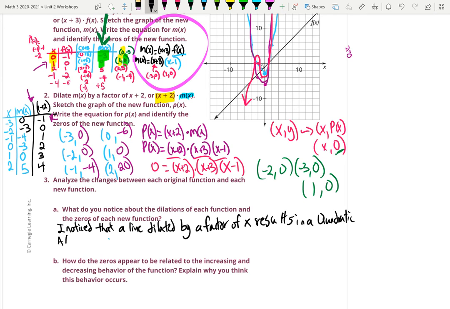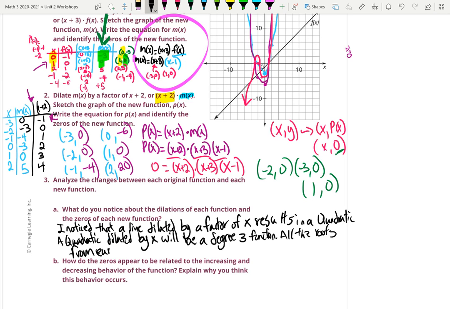Likewise, a quadratic dilated by x will be a degree 3 function. All of the roots from earlier dilations remain.